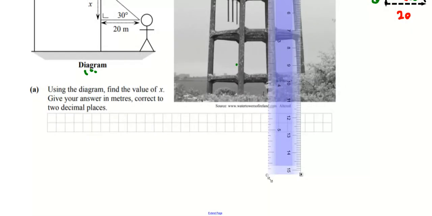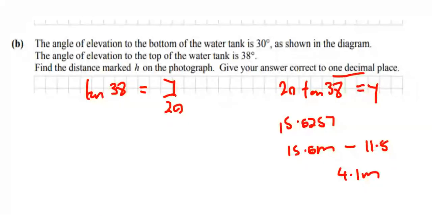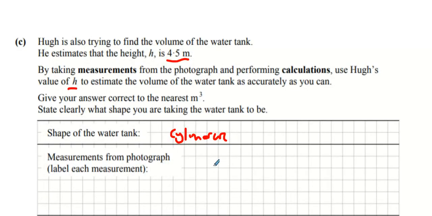So here's what you do: you take the height, and you should measure roughly 2.2 centimeters. So a height of 4.5 meters equals 2.2 centimeters on the photograph.